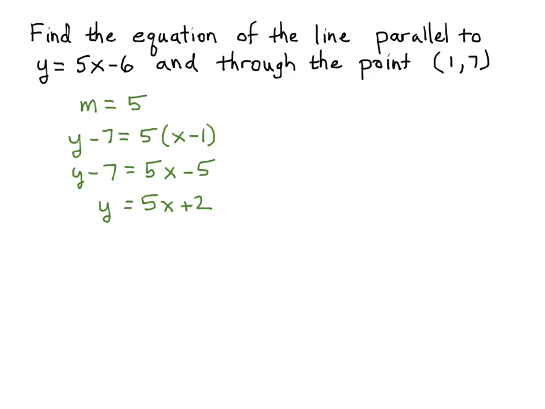You see how those equations change: the intercept on the 5x minus 6 is negative 6, and the intercept on the second one is going to be 2, so this new line is going to be above the original line.